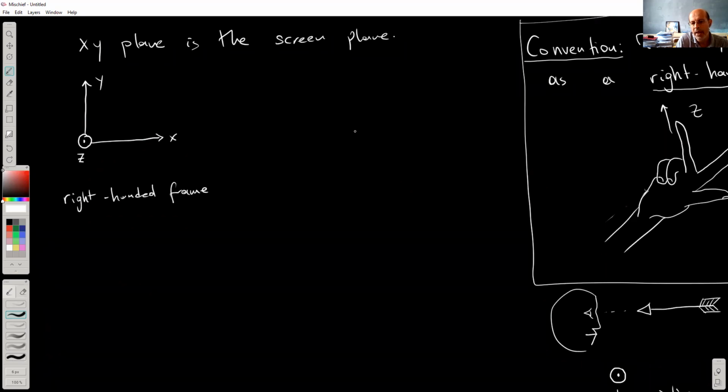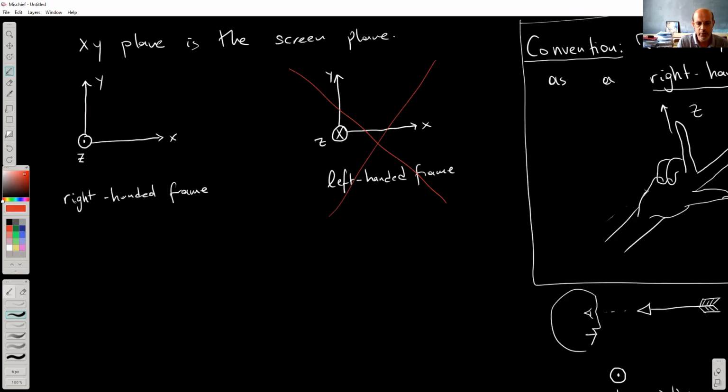But you can also choose, if you insist, a left-handed frame where if x and y are in the same directions again, z might be pointing into the screen now. That would be a left-handed frame. What we are saying is that don't use this one.